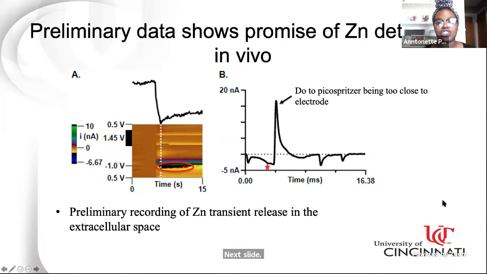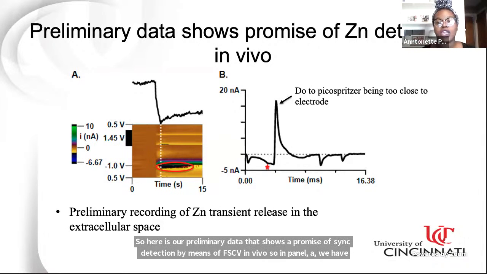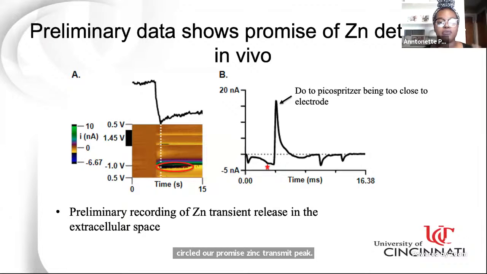Now this larger peak is due to picospritzing that can occur when the electrode and the picospritzer are too close. And we need this picospritzer because we want to depolarize these neurons within the CA1, which is located in the hippocampus. And we want to be able to be there and see zinc because zinc is abundant within the hippocampus, more specifically the CA1, CA3, and the hilus itself.